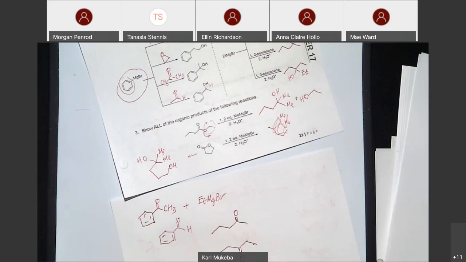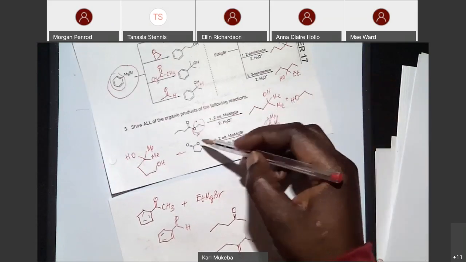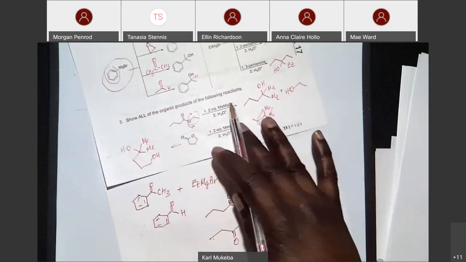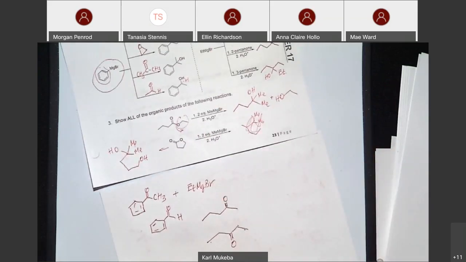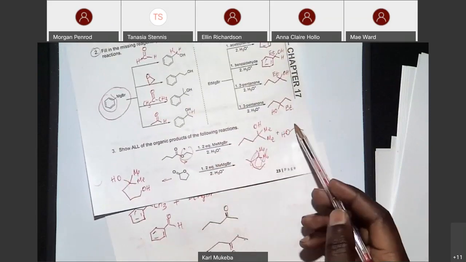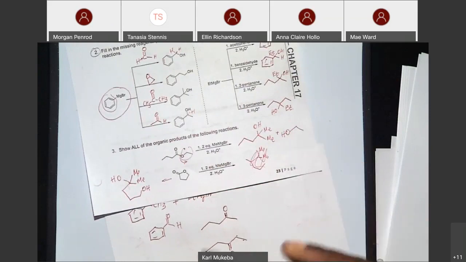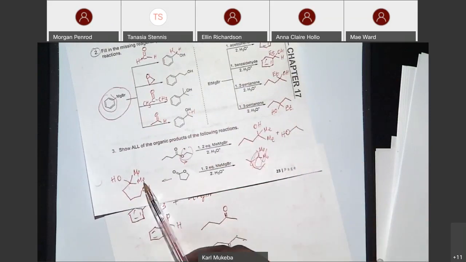Do you understand the first one? If you understand the first one, you understand the second, because this is a ring opening.